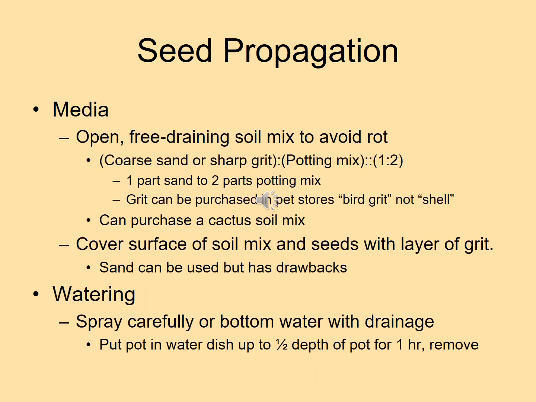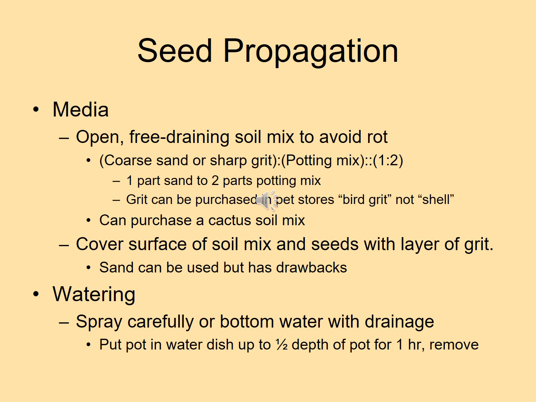There are some slight uniquenesses with the type of media you'll use for cacti. As you could guess, they like well-drained soil, like sandy soils in general. So a very free draining mix. There are a number of recipes you could use. You could use 1 part sand to 2 parts potting mix.